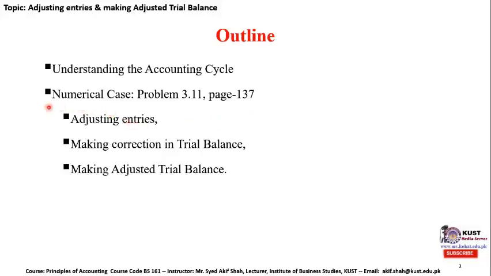As we have already done our adjusting entries of the same problem, the next step is to make a correct trial balance, or making adjustments into the trial balance, and then to come up with the final version of the adjusted trial balance, which shall be used later on for making the financial statements.